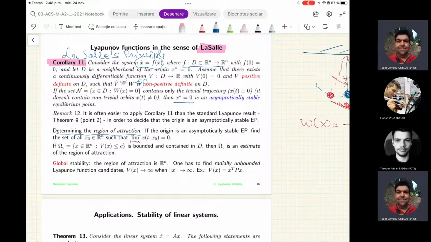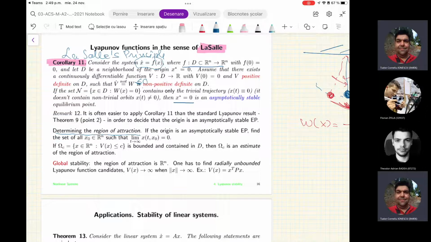If the origin is an asymptotically stable equilibrium point, we can find the set of all initial conditions x0 from Rn such that the trajectory, the evolution from any such x0, will finally go back to the origin, which is an equilibrium point.